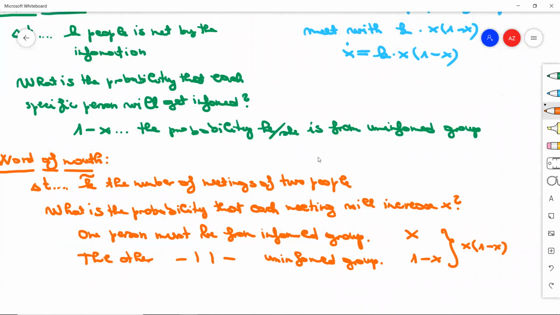And also the permutation works. So in fact, we have to multiply this by a factor of 2 because it can be A from informed and B from uninformed or vice versa. That's why I wrote here k tilde, because K is in fact 2 times k tilde, because of possible permutation.